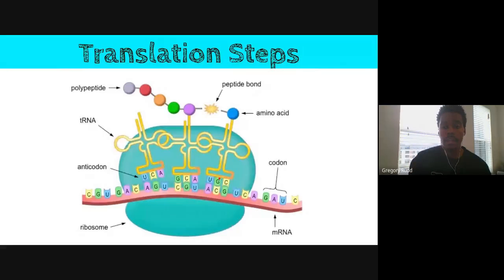So each codon has a partner anticodon that they fit perfectly together. And so this tRNA molecule is bringing with it an amino acid. It's the ribosome's job to link the amino acids together with peptide bonds, and eventually those peptide bonds become a polypeptide.